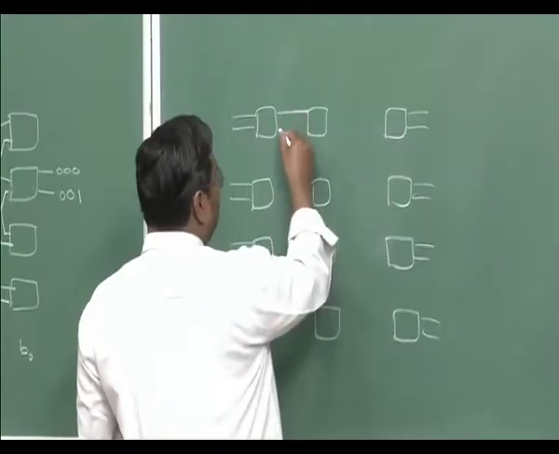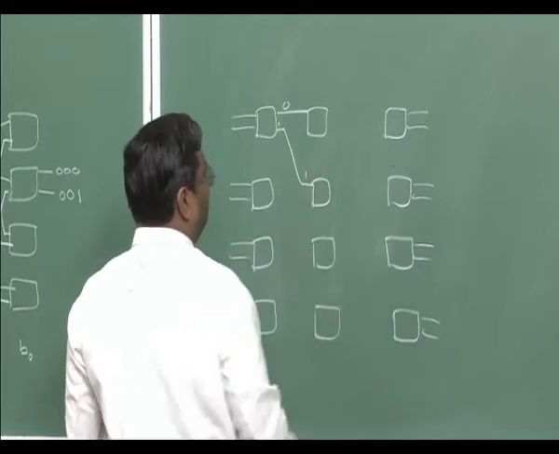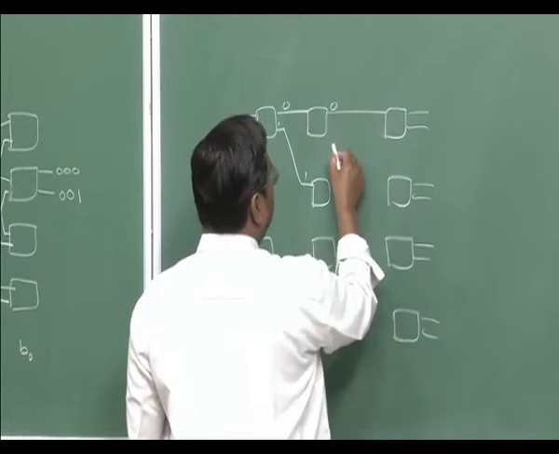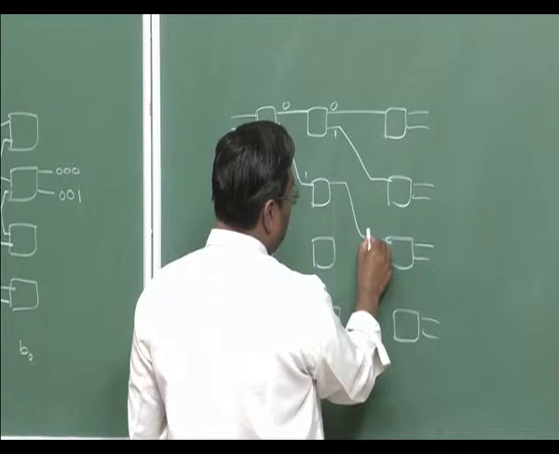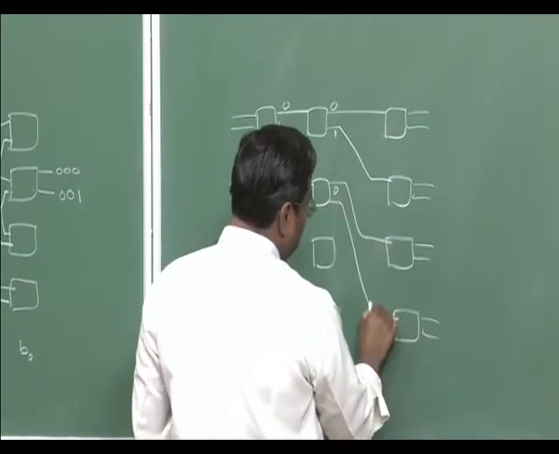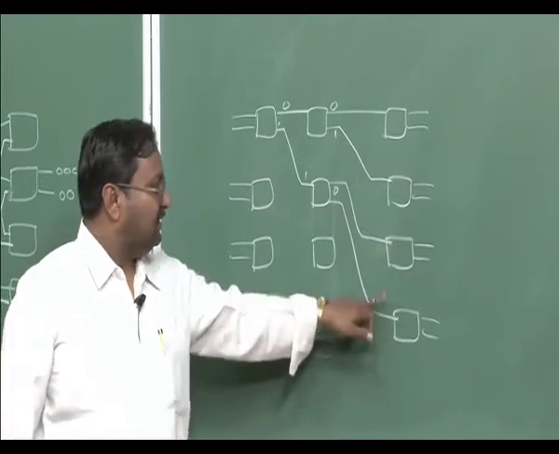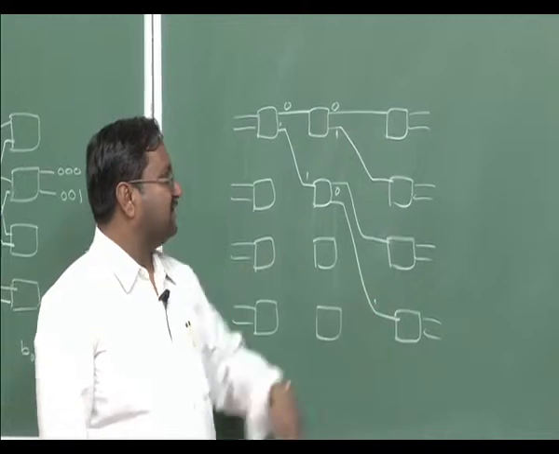This one is pretty simple. I can take 0 here, 1 here, this is 0, 1, 0, 1. So, remember this can only take input from 1, this can only take input from 0. That condition has to be satisfied.